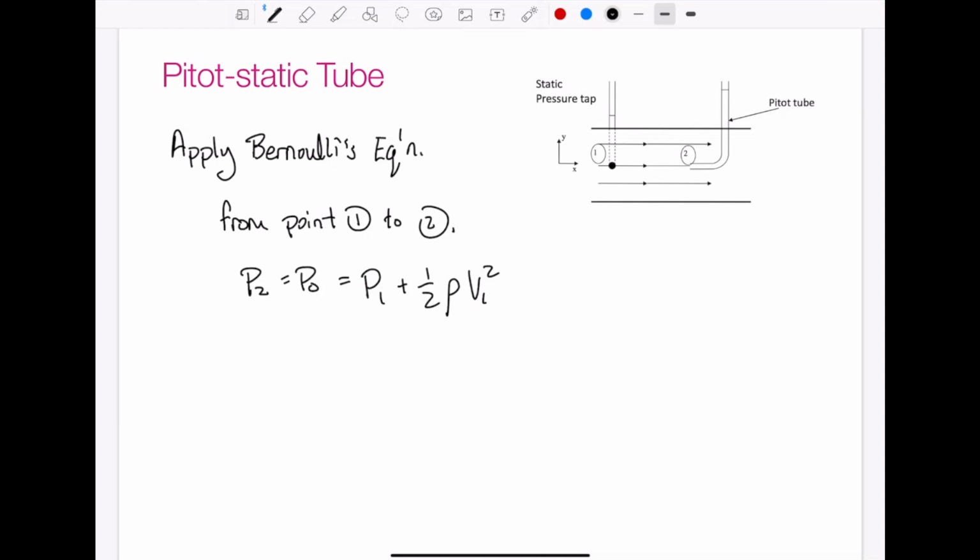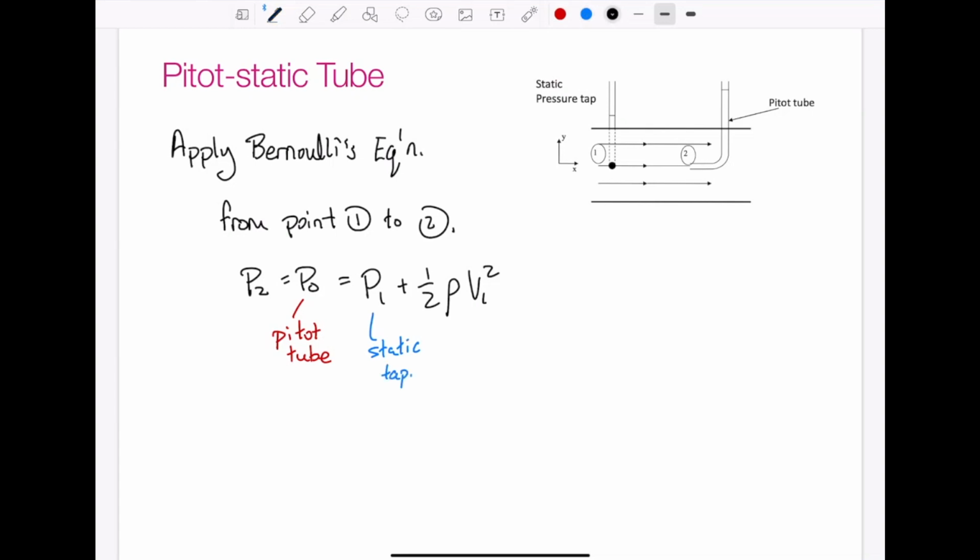So we're measuring P0 from the pitot tube, and we know P1 from the static tube, or the static tap.